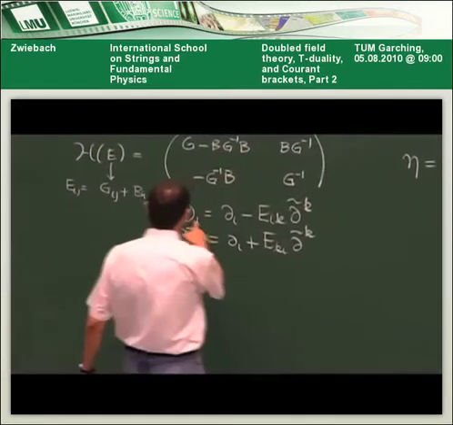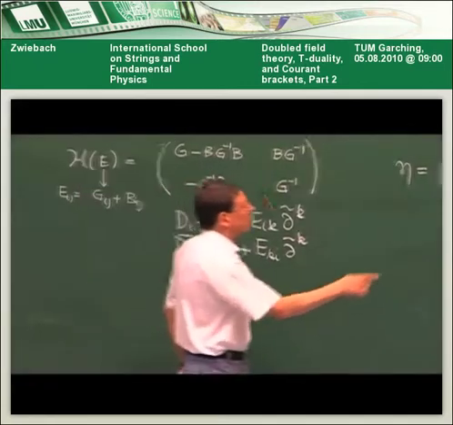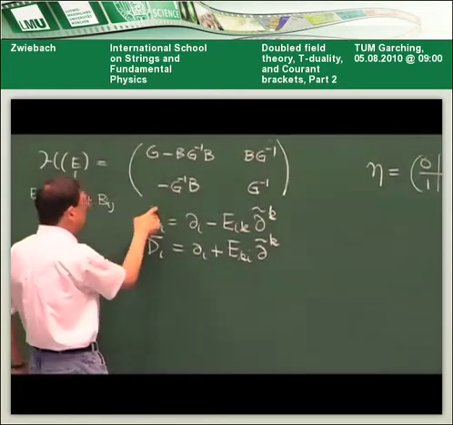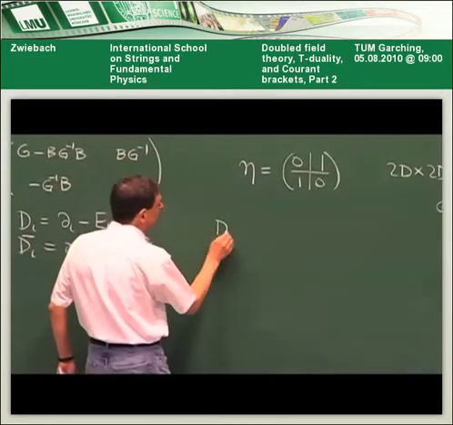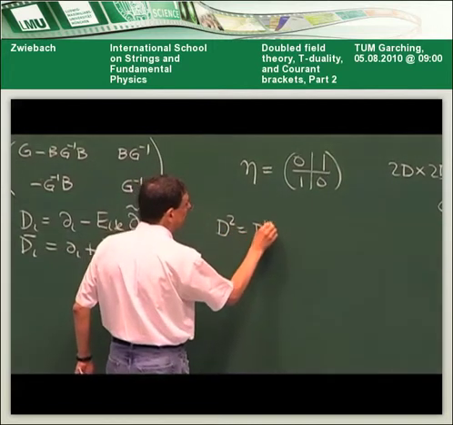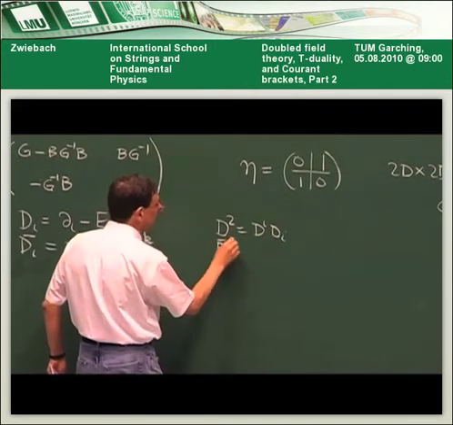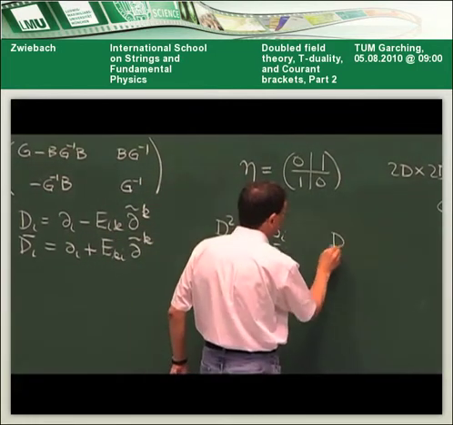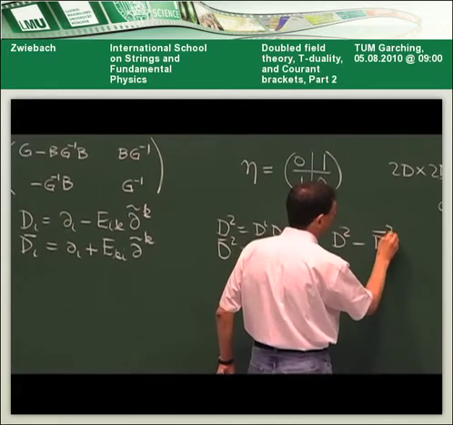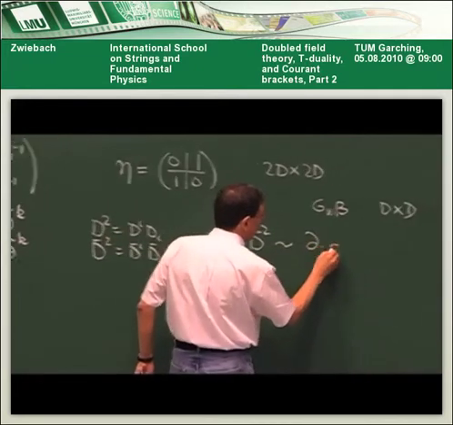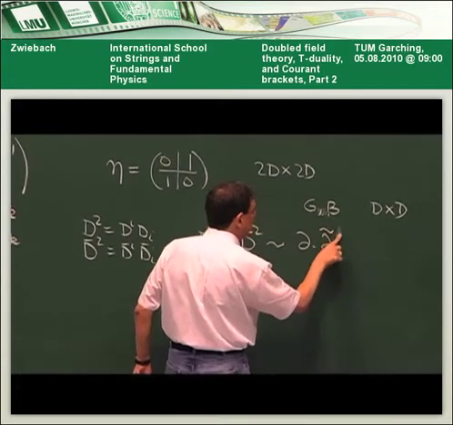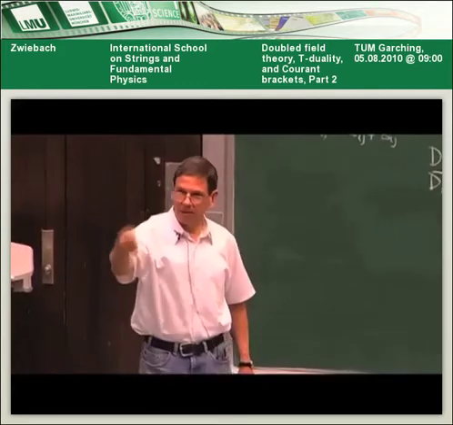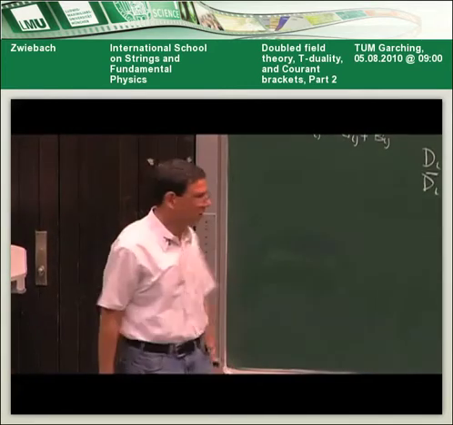Then we lower or raise indices with the metric G. So you could define the D with upper index, or you could define D squared, which was D^i D_i, and D bar squared, which was D bar^i D bar_i. And in particular, D squared minus D bar squared was proportional to this kind of Laplacian, in which we had a derivative with respect to a normal coordinate times a derivative with respect to the dual coordinate.